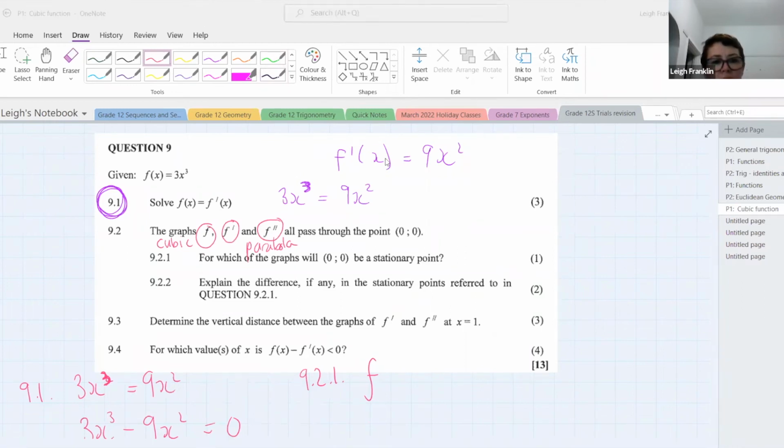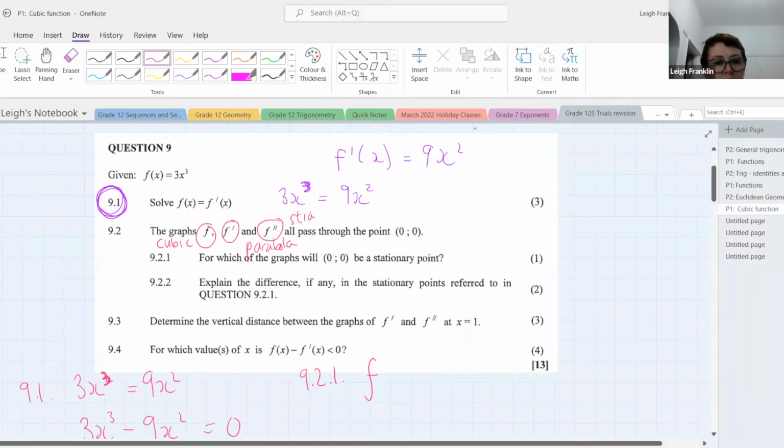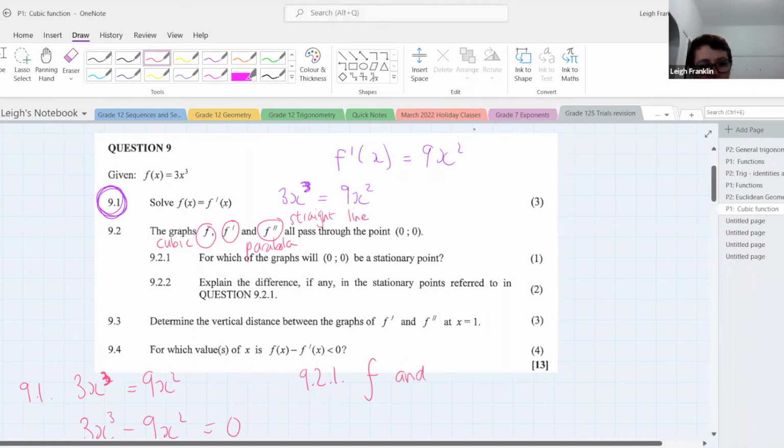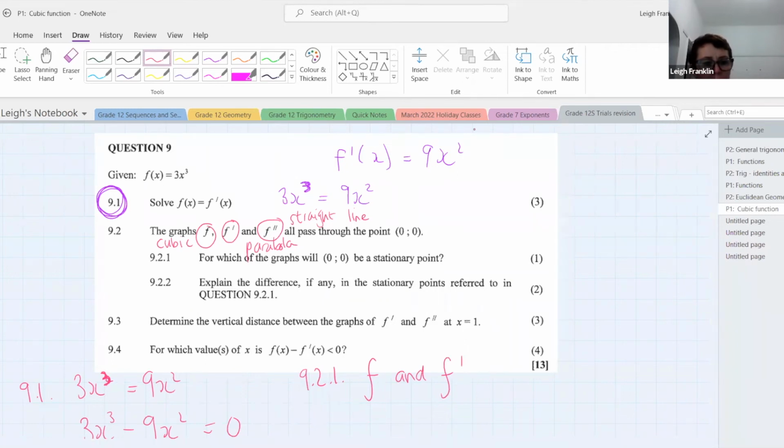That's right, it is a straight line. Do straight lines have turning points or stationary points? No, definitely not. f and f prime are curves, so it is possible for them to have turning points or stationary points. So it will be f and f prime only, but not f double prime.